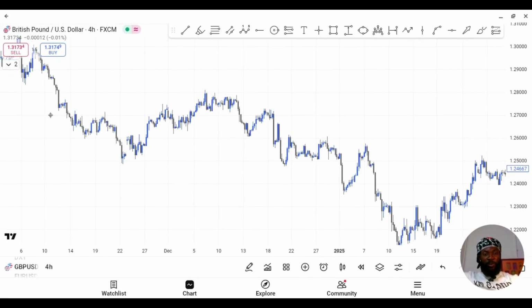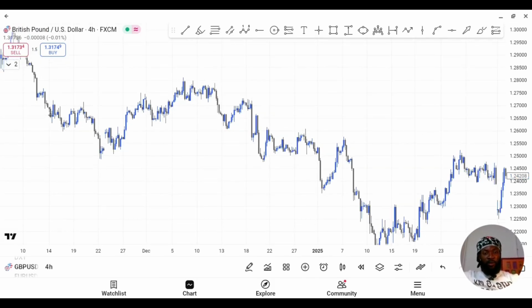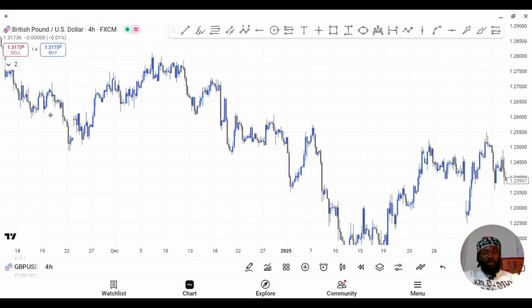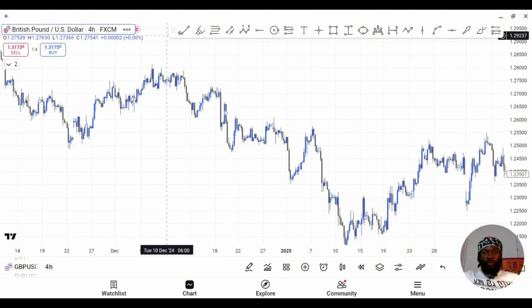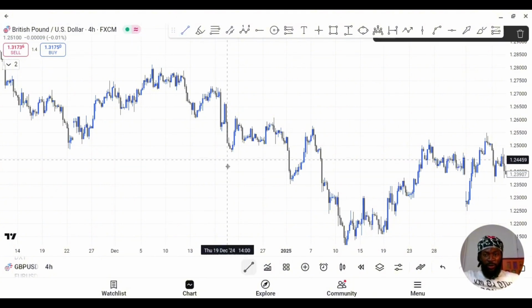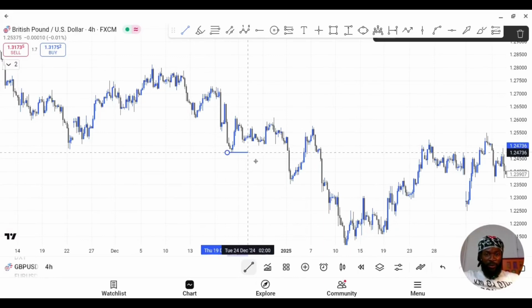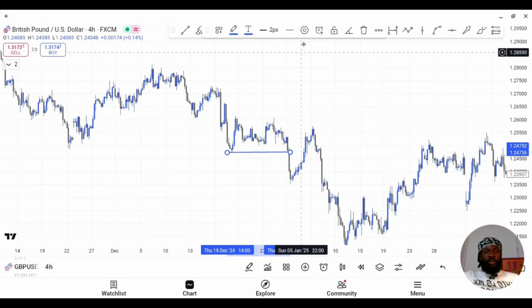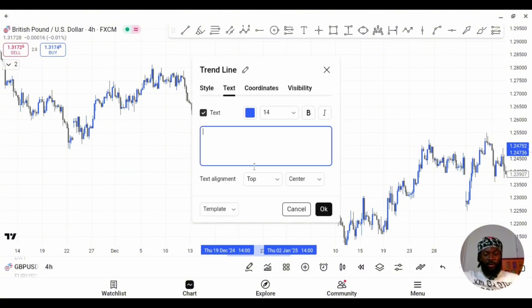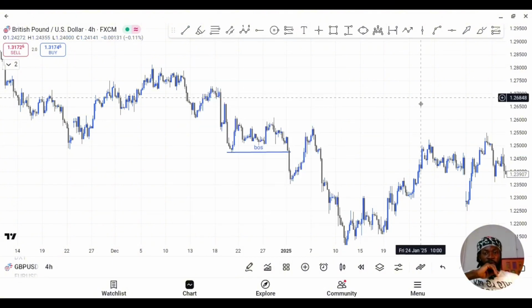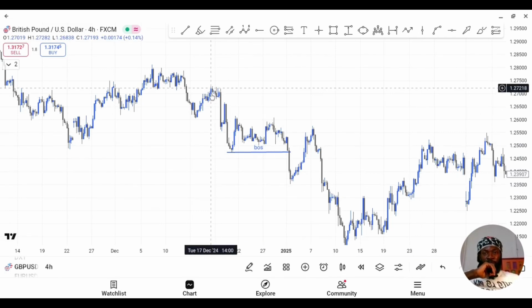Now, okay, let's see. So what do we have here? We have a break of structure. This is a downtrend. We have a break of structure.